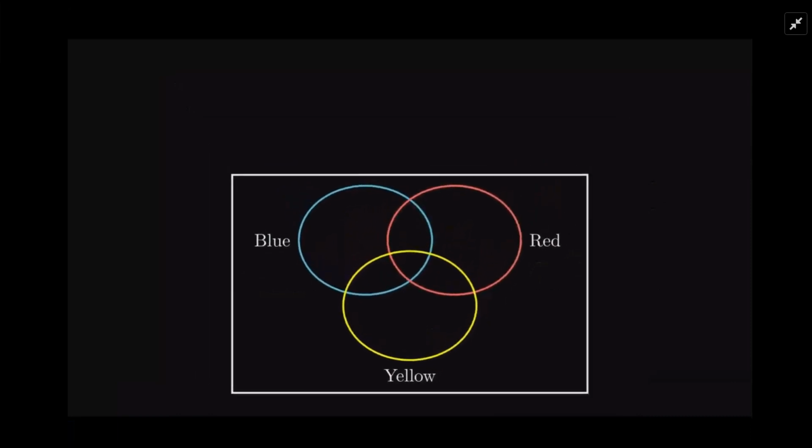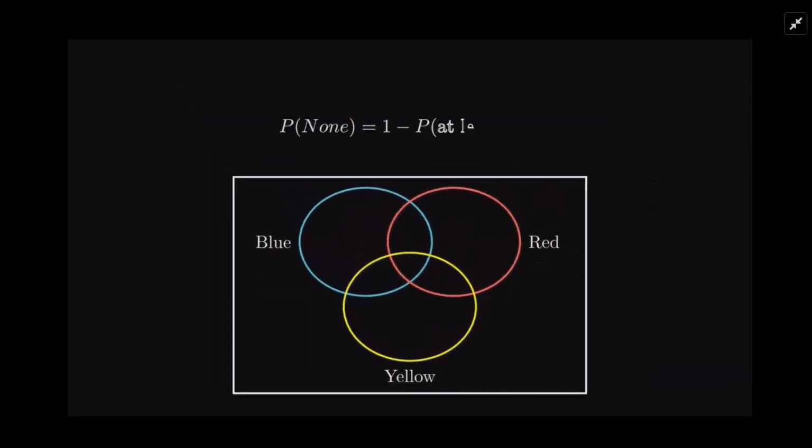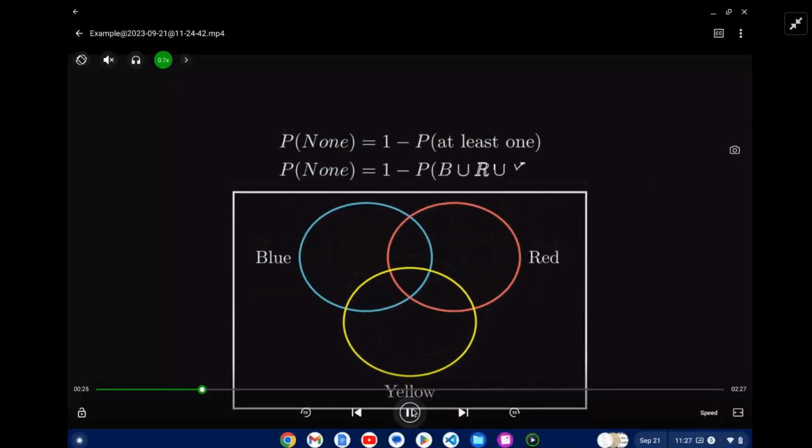The probability that none of the colors match is 1 minus the probability that at least one matches. And then the probability of at least one can be written as the union of the 3 sets. So you might want to pause it here and give that some thought.